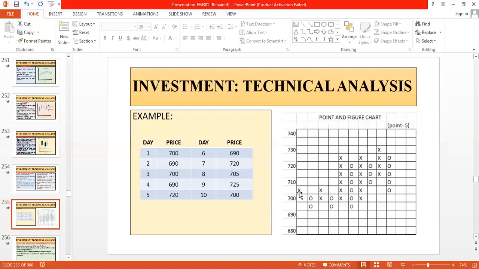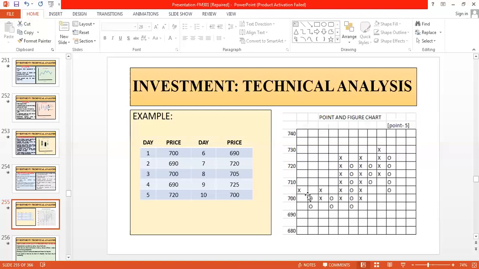This is 700. Now, on the next day, the price decreases to 690, which means a 10 rupee change. A 10 rupee change means two 5-point changes. Since it has declined, it will be indicated by 2 zeros.